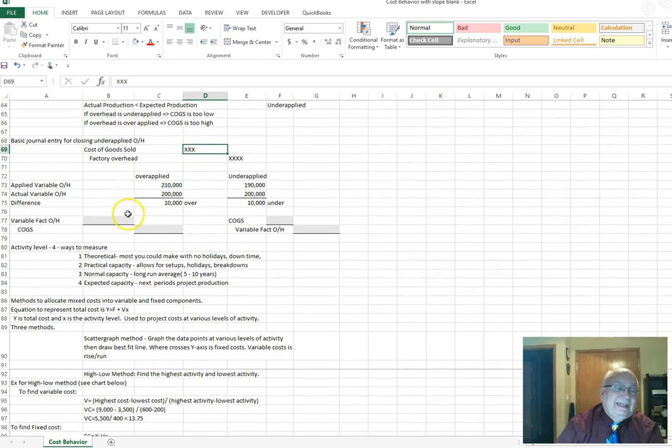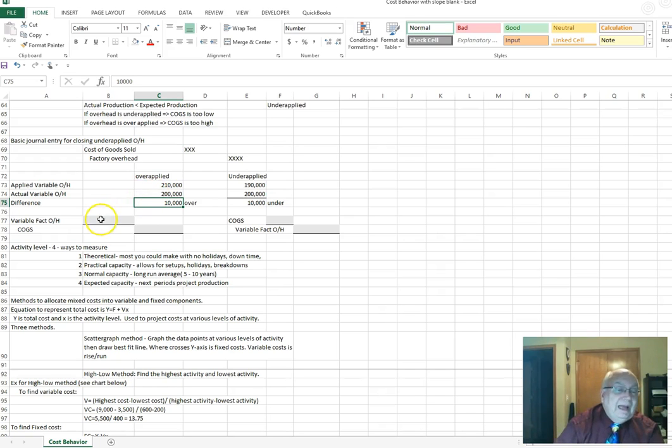Okay, so here's an example. Applied factory overhead is $210,000 for one and $190,000 for the other. Okay, it's two different examples. Actual variable overhead was $200,000 for both. So the difference here is it's $10,000 overapplied, and on the other one it's $10,000 underapplied.